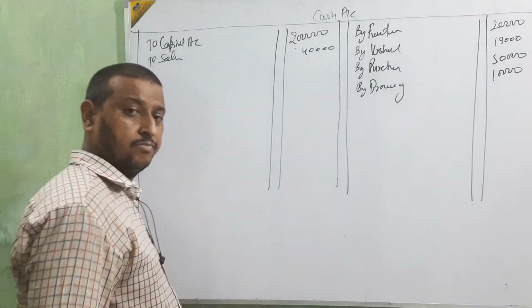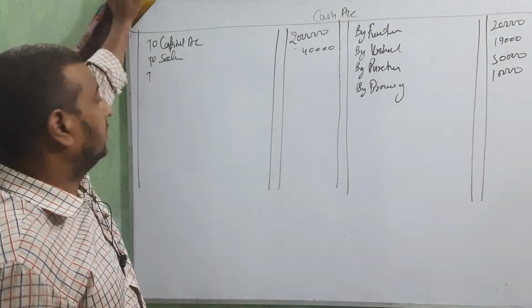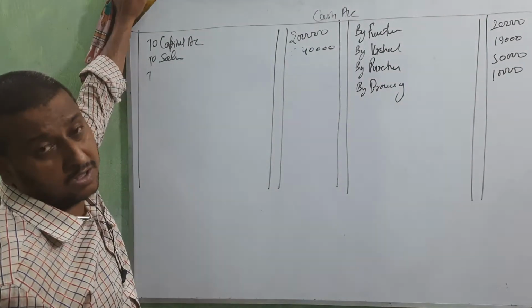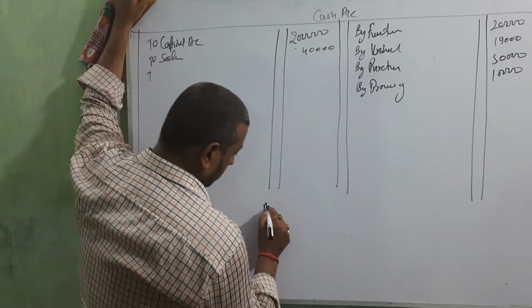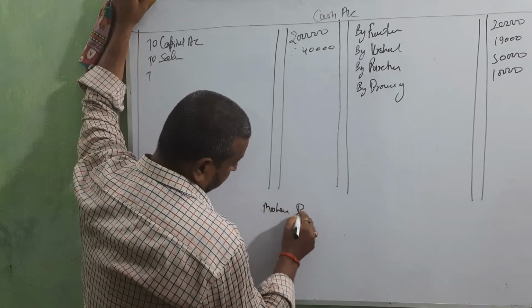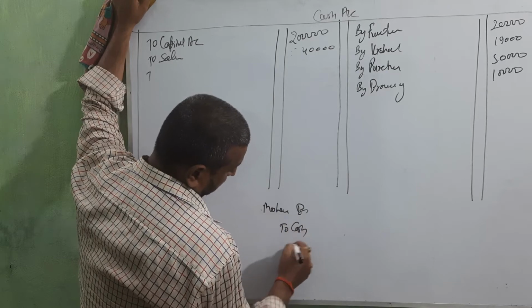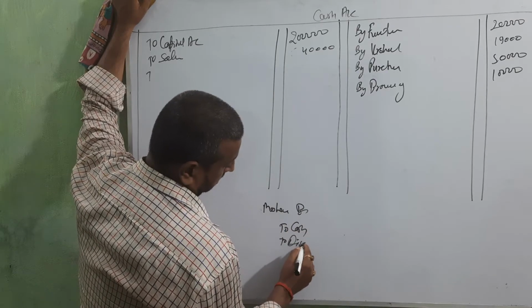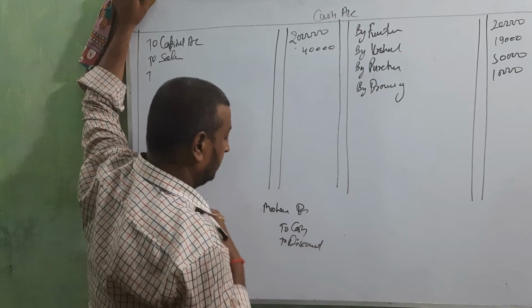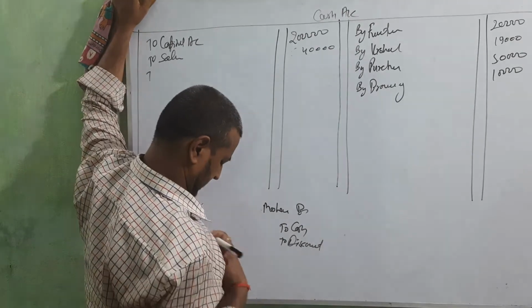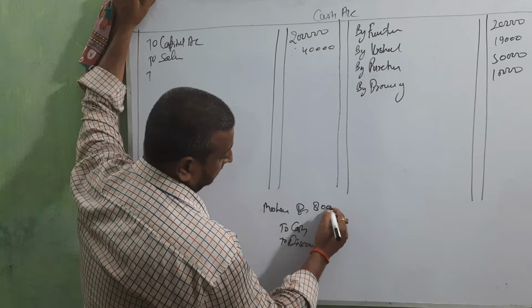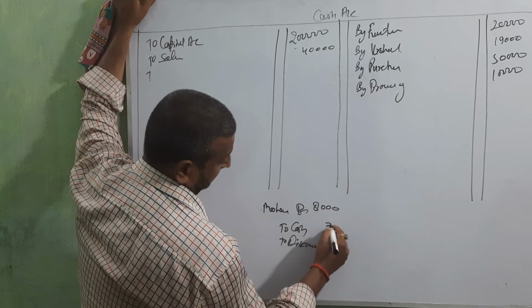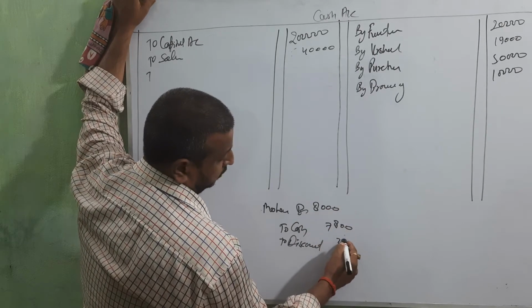Mohan Garments debit to cash account, to discount received account. Tell me the amount. Mohan Garments debit 8,000, to cash account 7,800, and 200 discount.